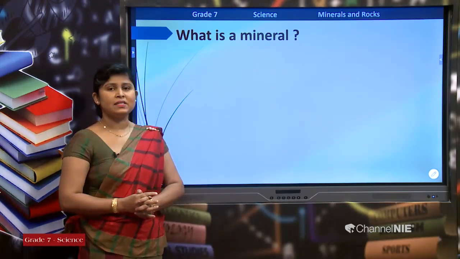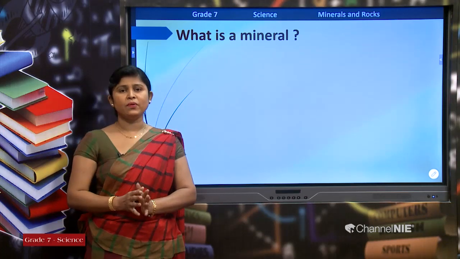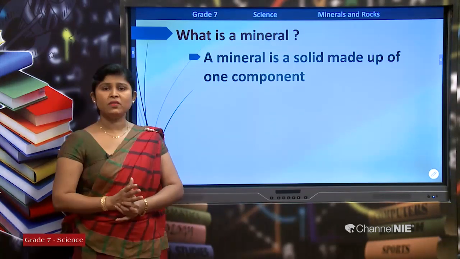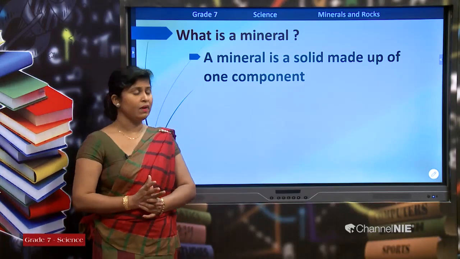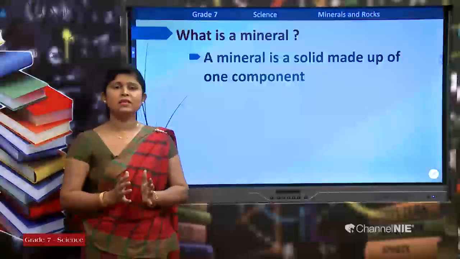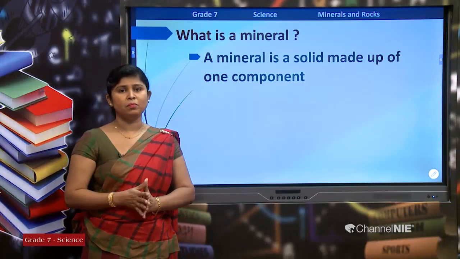What is known as a mineral? We will see what is known as a mineral. Minerals have some special features. Let us take one by one. A mineral is a solid made up of one component. Actually, a mineral is not a mixture. It is a solid made up of one component, right?